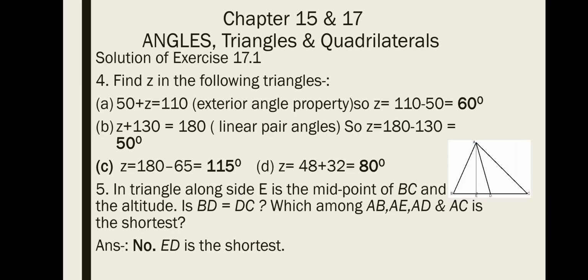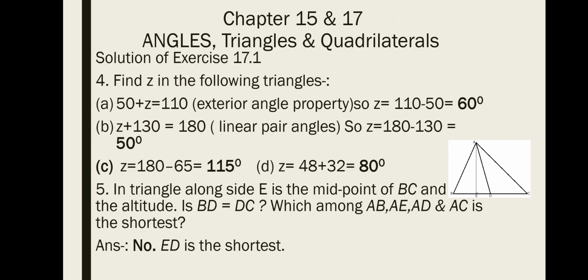That means the two opposite interior angles, when you add them, you will get the exterior angle at the third vertex. So here Z will be equal to 110 minus 50. So one of the given angles you have to subtract from the exterior angle, you will get 60 degrees. So 60 degrees is the answer.